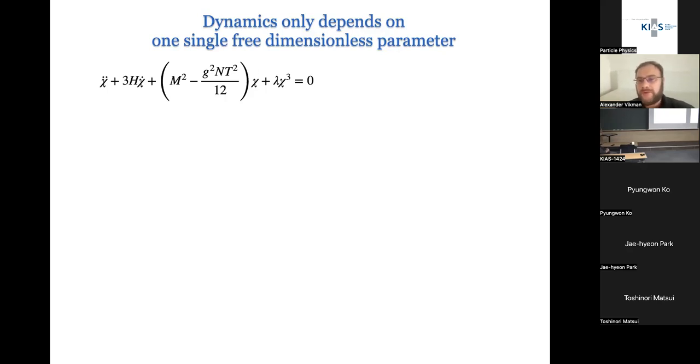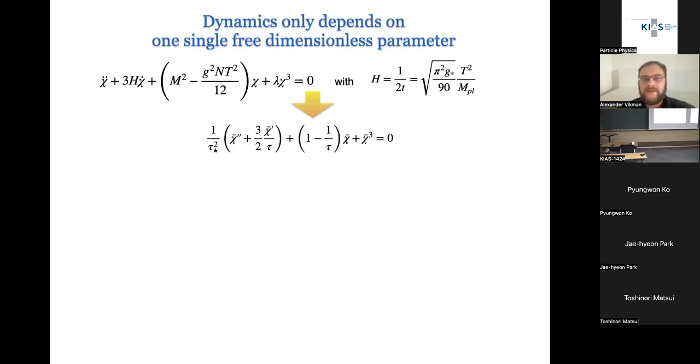And the funny thing is that even though we have here g, lambda, these parameters, and on top of that this H is the thermal H given by the number of thermal degrees of freedom g star, in reality this whole stuff has only one real dimensionless parameter, tau star, and the equation of motion looks like this.